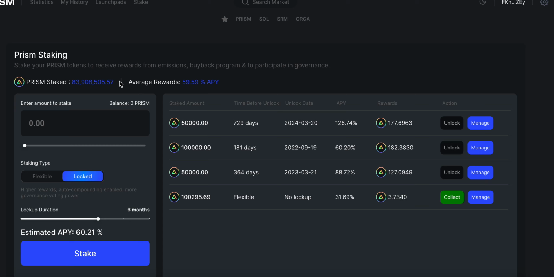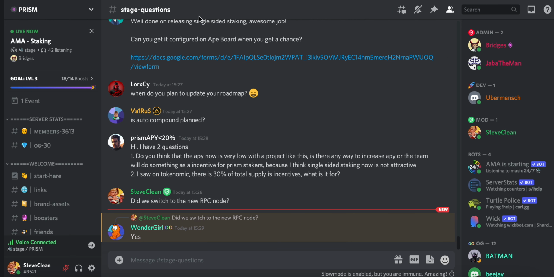But the thing is, there's about 50 million Prism locked in the staking rewards, which is going to release over a year period. So that's not really in circulation right now. And apart from that, the rewards from the Raydium incentives and Raydium liquidity pool are also locked, and it's released linearly.